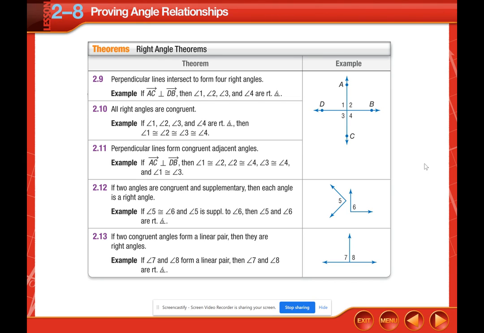Theorem 2.11, perpendicular lines form congruent adjacent angles. 2.12 states that if two angles are congruent and supplementary, then each angle is a right angle. And lastly, 2.13, if two congruent angles form a linear pair, then they are right angles.